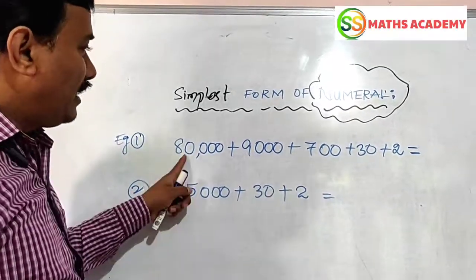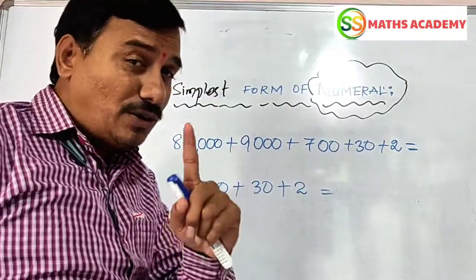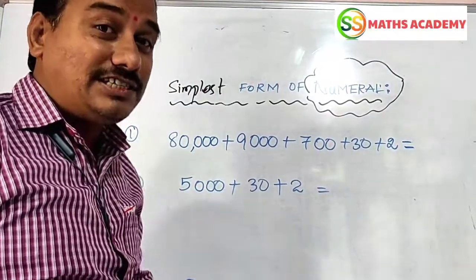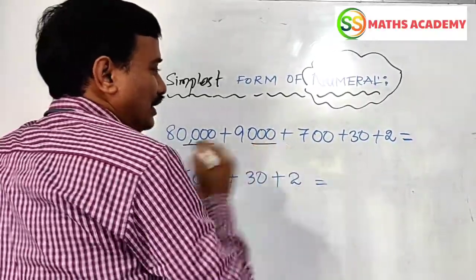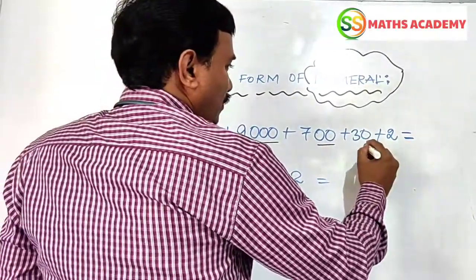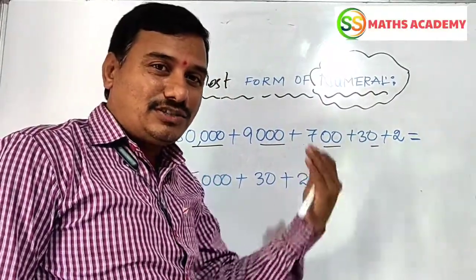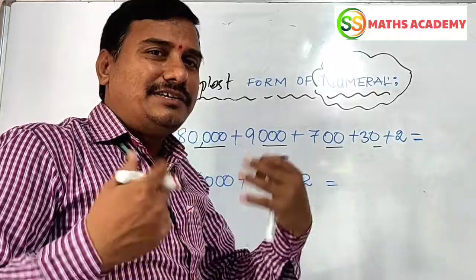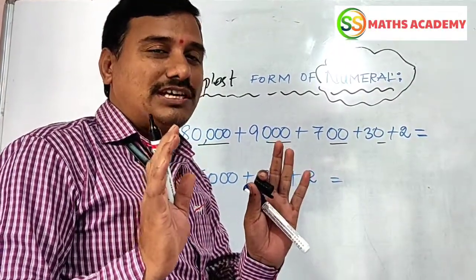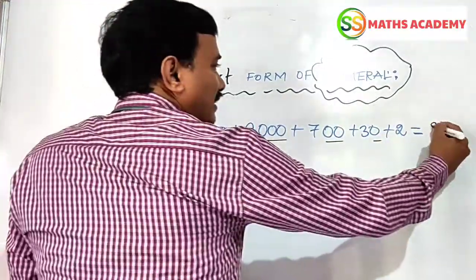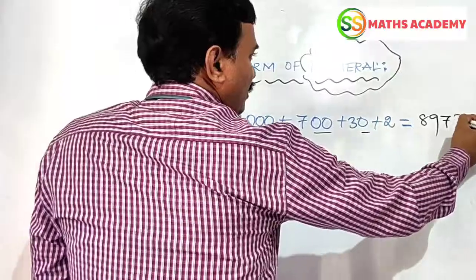Here, observe what notation they followed in the question. Here 4 zeros, 3 zeros, 2 zeros, 1 zero, no zero. It is in decreasing order. The zeros are coming in decreasing order. Immediately we can write this answer by taking the values in the question. Directly: 8, 9, 7, 3, 2.